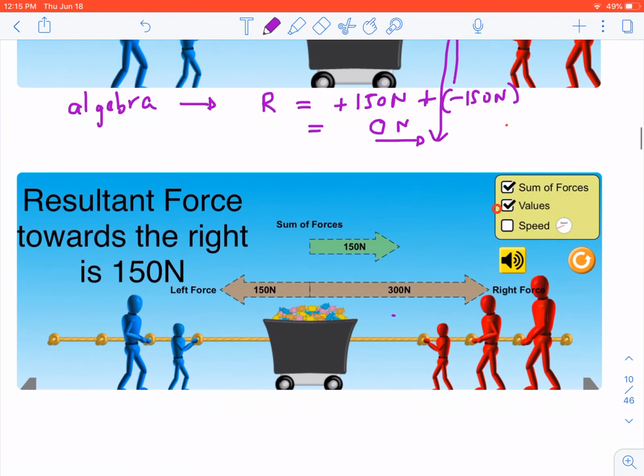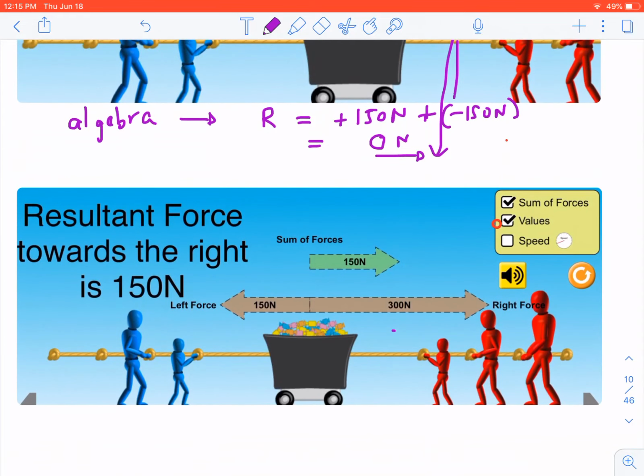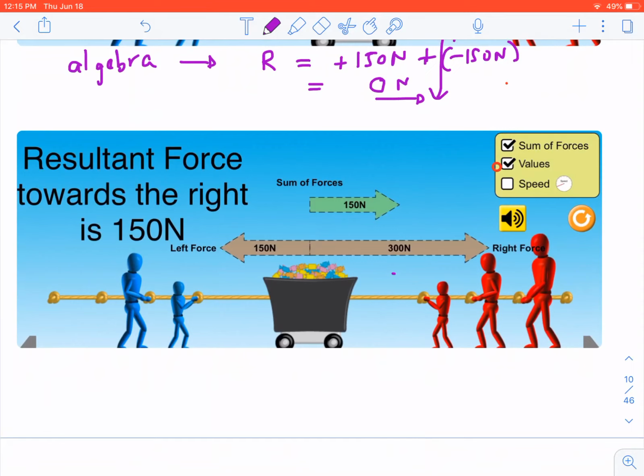Let's look at the next one. So here we now have 300 newtons to the right and minus 150 newtons to the left. And what does it tell us? It says that the resultant or the net force is 150 newtons to the right.